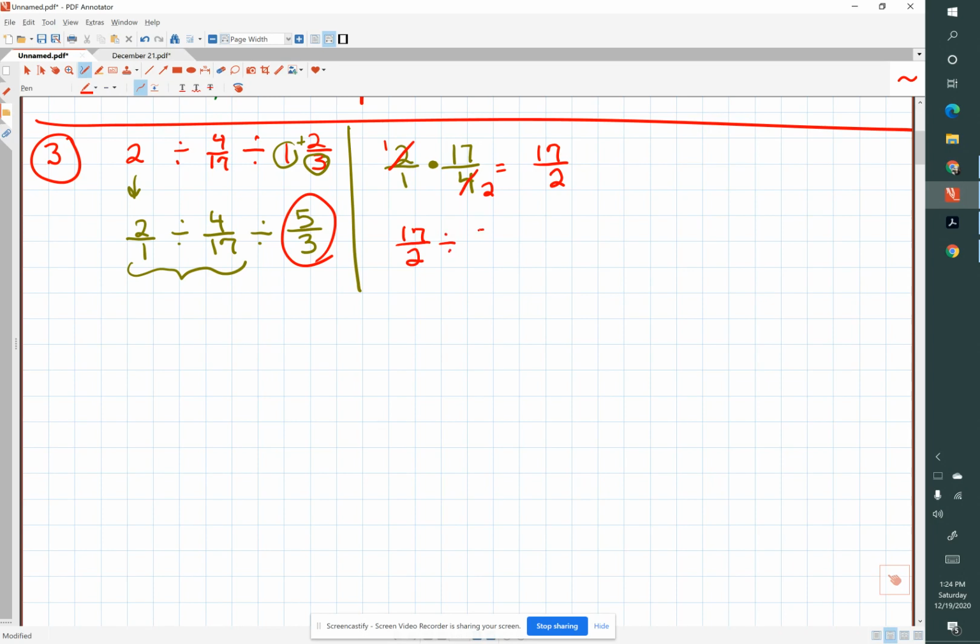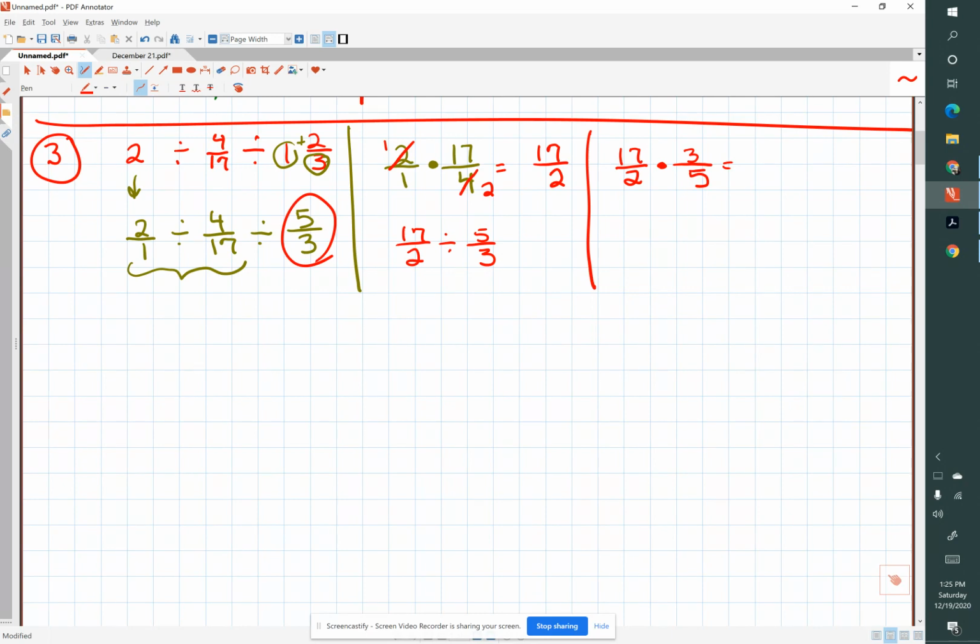17/2 divided by 5/3. So we'll use keep change flip, keep the first fraction, change division to multiplication, flip the second fraction, and I cannot reduce anything. So all I can do is multiply across.